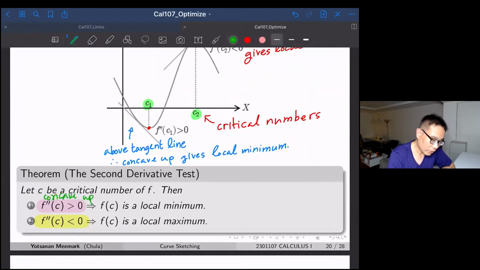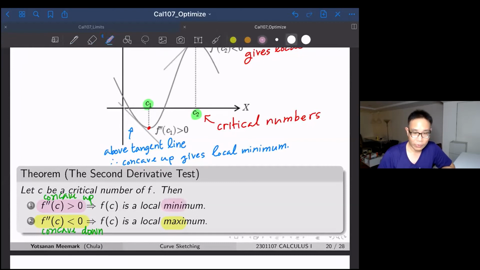The second case is concave down. You'll be able to use concave up and concave down to conclude about local max and local min. If you have concave up, it's going to be a minimum, and if you have concave down, it's going to turn out to be a maximum.